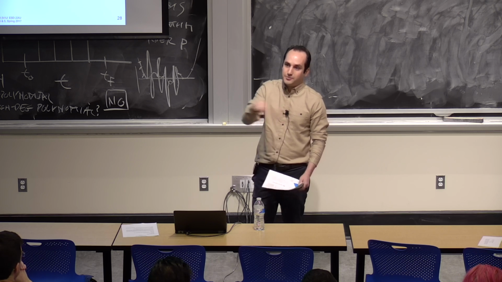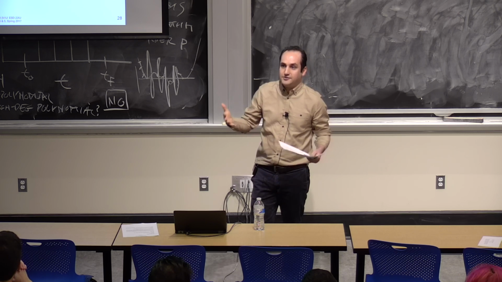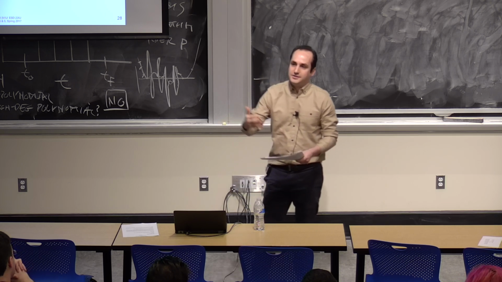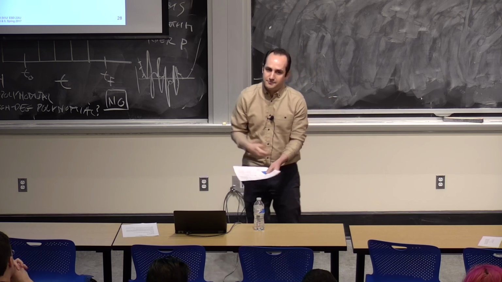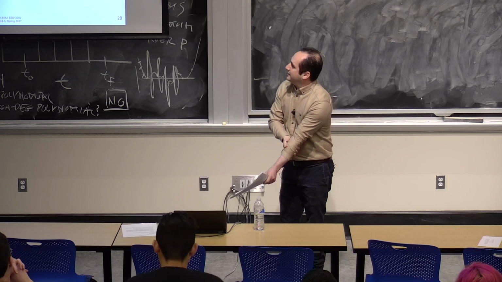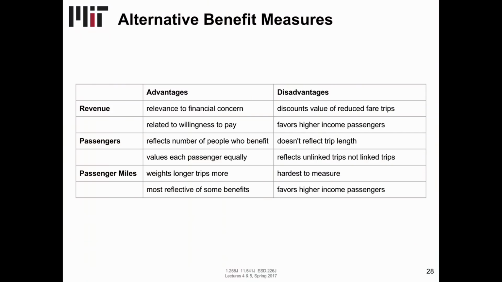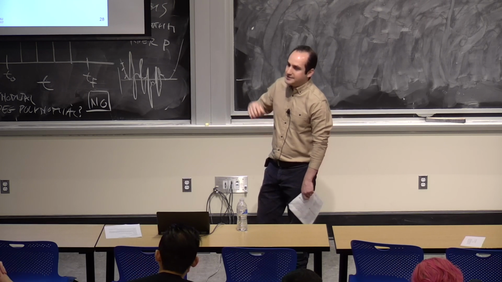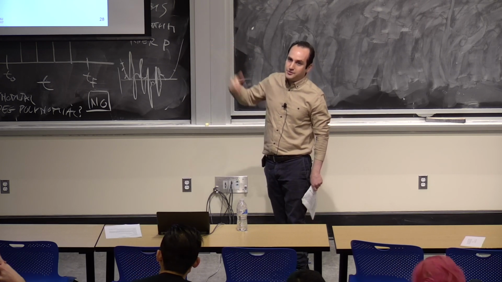The other shortcoming is that it reflects unlinked trips and not journeys or linked trips. So you basically double count passengers who are making transfers.